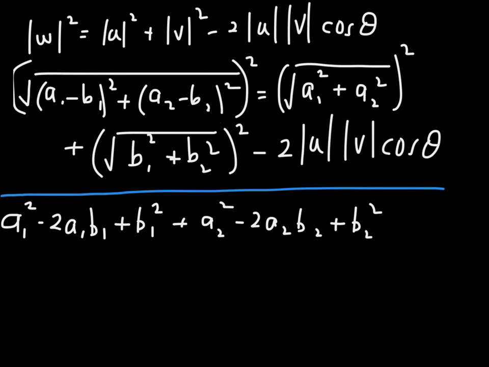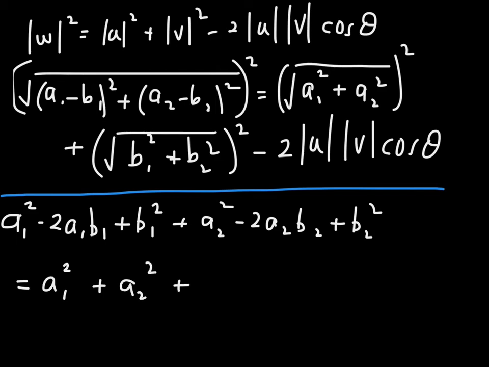Now, the right-hand side, let me say, is equal to, now what I'm writing now is the right-hand side of the equation. When you square the square root, this square root here is gone, okay? And you're just left with a sub 1 squared plus a sub 2 squared, all right?